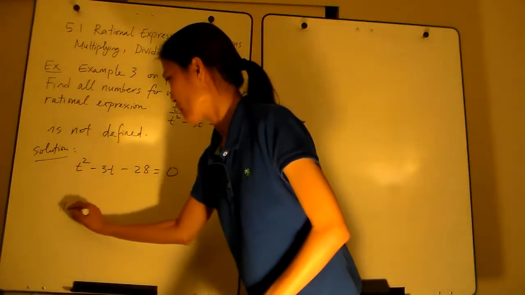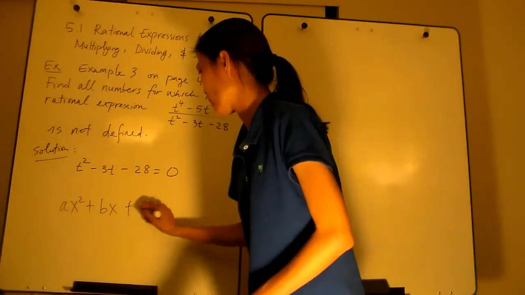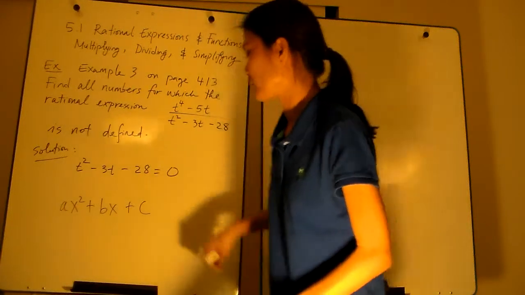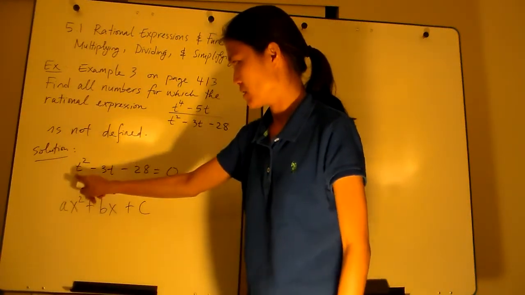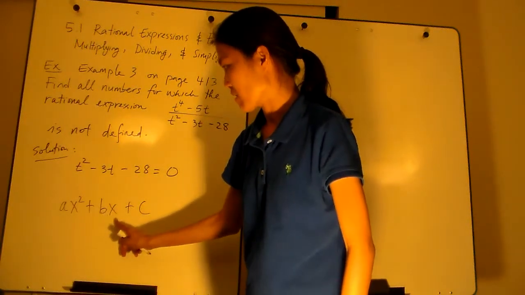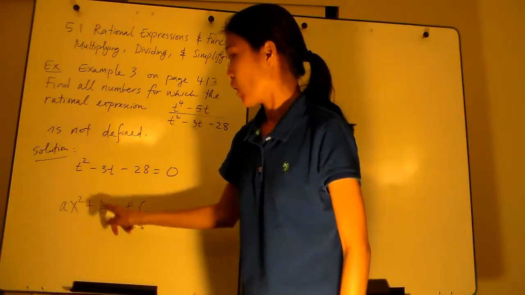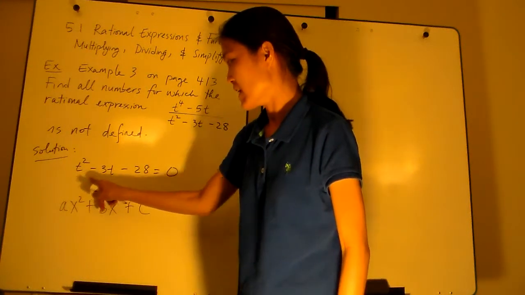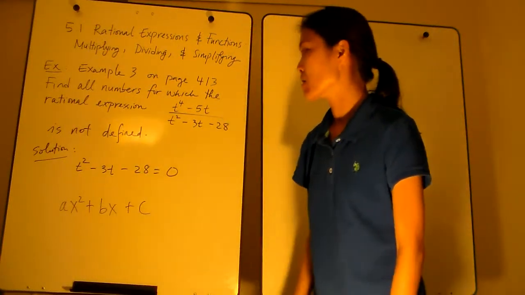Now this is review. Ax squared plus bx plus c. Okay, trinomial. A is the coefficient of x squared, so in this case a is 1. B is the coefficient of x. For this case, the coefficient of t is negative 3, so that means b is negative 3.